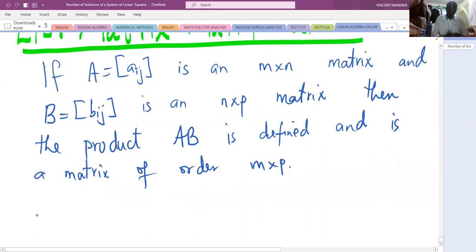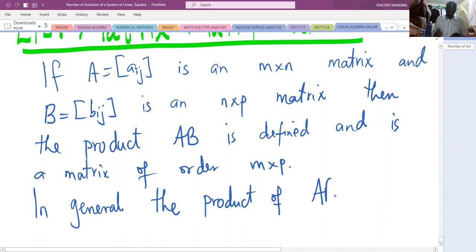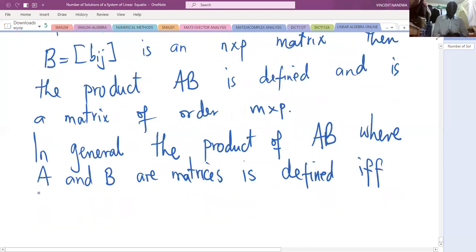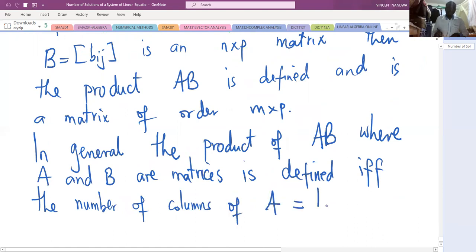So in general, the product AB, where A and B are matrices, is defined if and only if the number of columns of A is equal to the number of rows of B. That is when the matrix multiplication is defined.